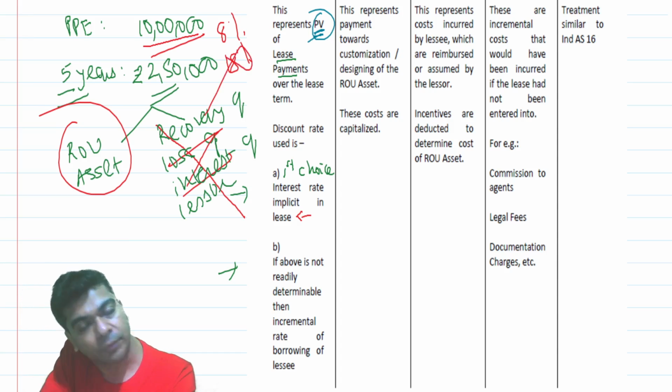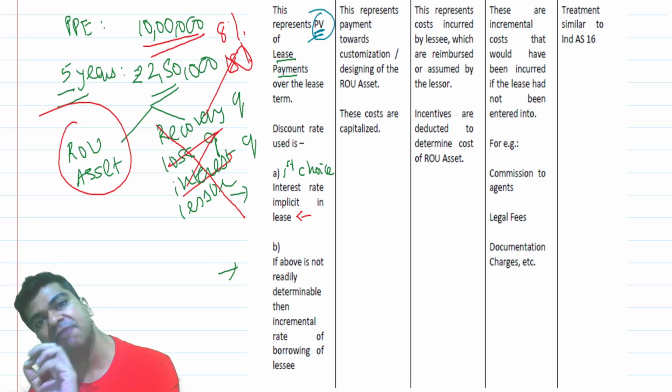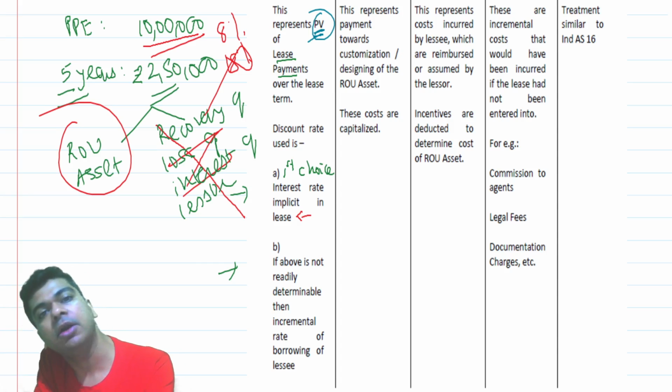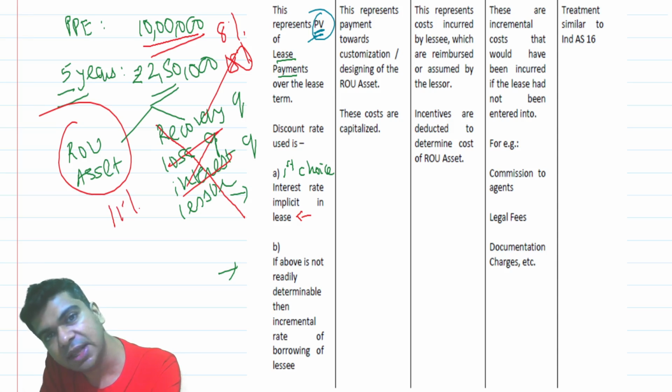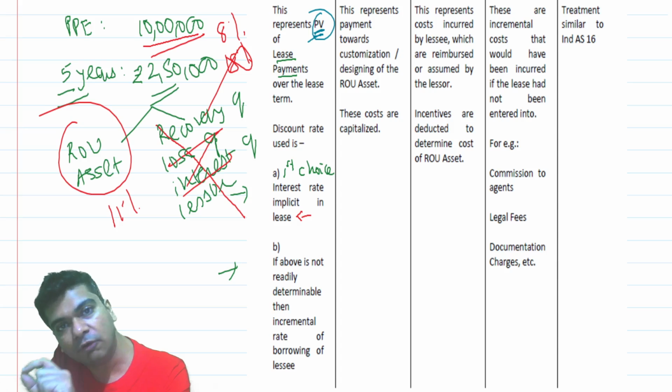Then what to do? Then the lessee will ask itself that if I take a fresh loan, at what rate of interest will a fresh loan be available? So let us say a fresh loan is available to the lessee at 11%. Then 11% will be considered to be incremental rate of borrowing.